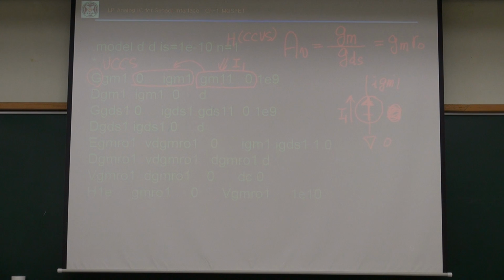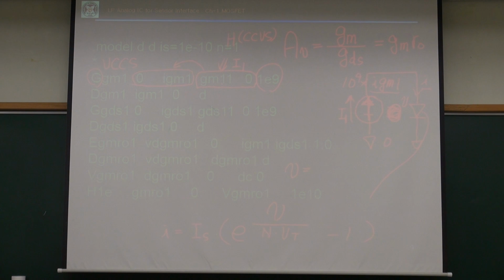Okay, I apply that into the diode here, which has the IV characteristic I equals IS times exponential of V over NVT minus 1. This is my diode, right? So this current is converted into this voltage drop. There is some multiplication here, so my current is actually scaled by 10 to the 9.